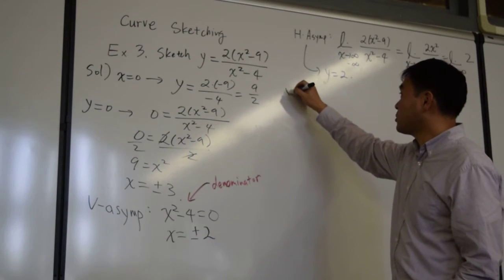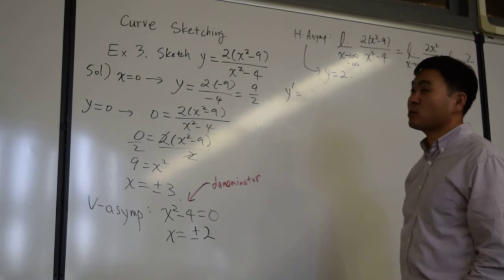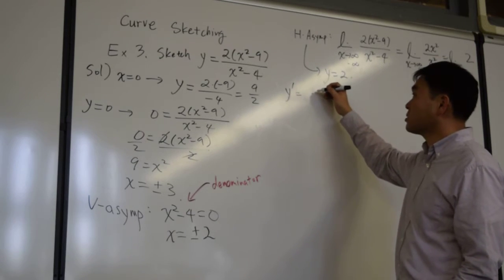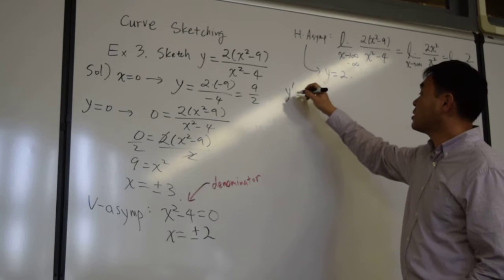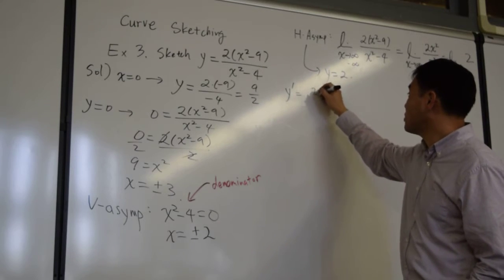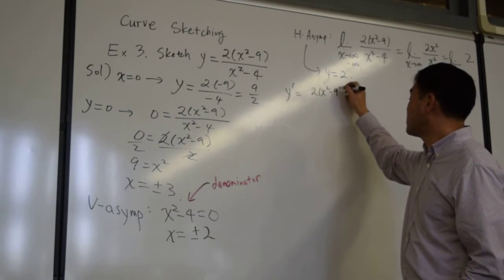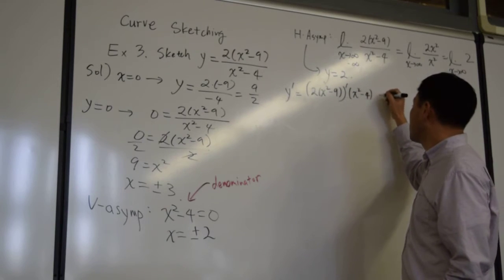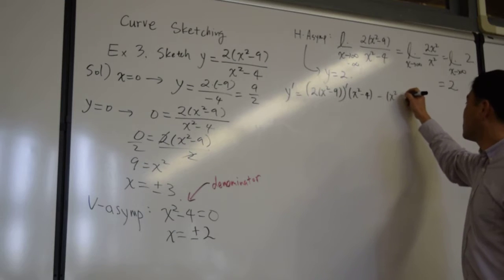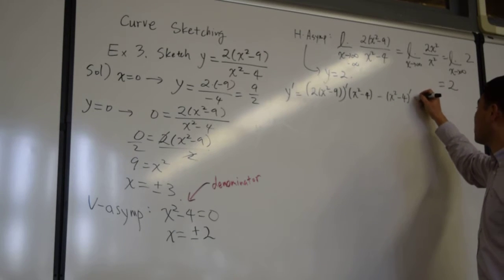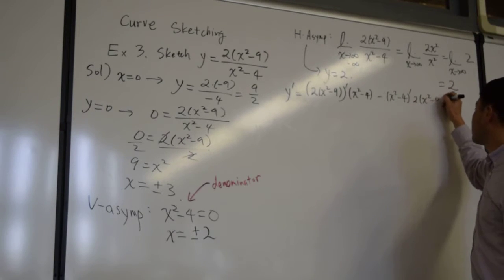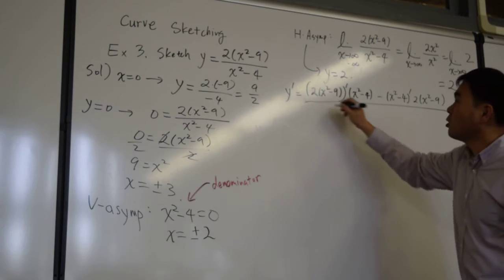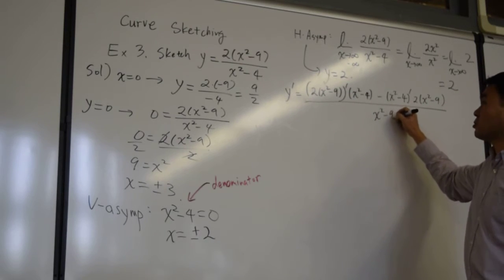Now let's find y prime. To find y prime, we need to use the quotient rule. So you have to differentiate the top times the bottom, minus differentiating the bottom times the top, over the bottom squared.